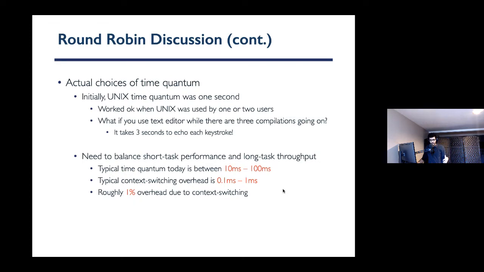So if your overhead is 1 millisecond, then you want your time quantum to be 100. This is just a rule of thumb. There is no math or analytical proof behind it. It's just common sense that you want to minimize the overhead, and you want the overhead to be about 1%.